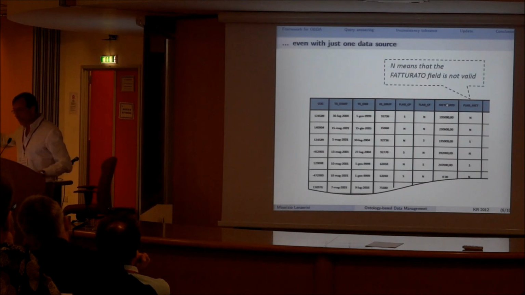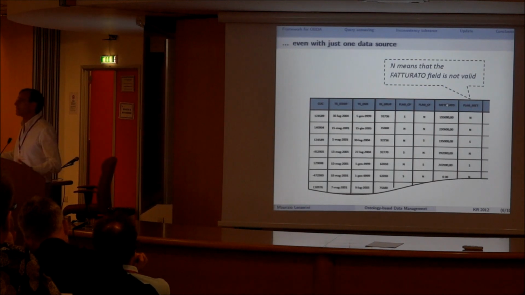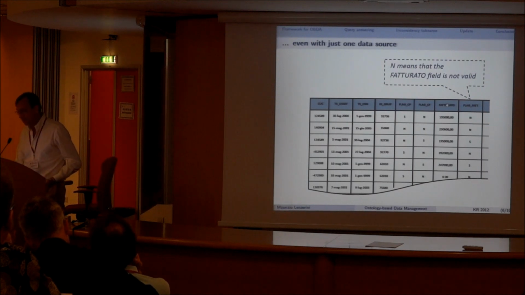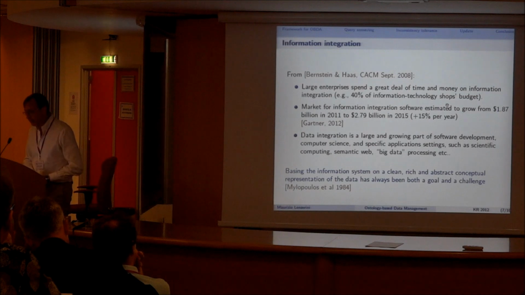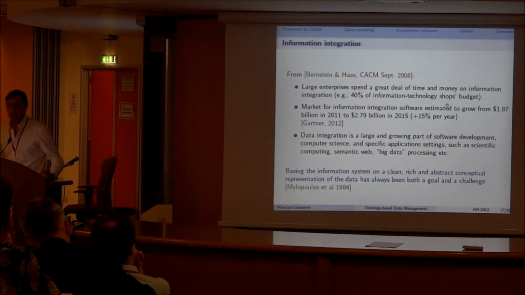And for example, this other flag, the value n, means that another field, fatturato, is not valid. I mean, this is really something that is for applications. It's not for querying really the data. And this problem obviously has a lot of other implications.